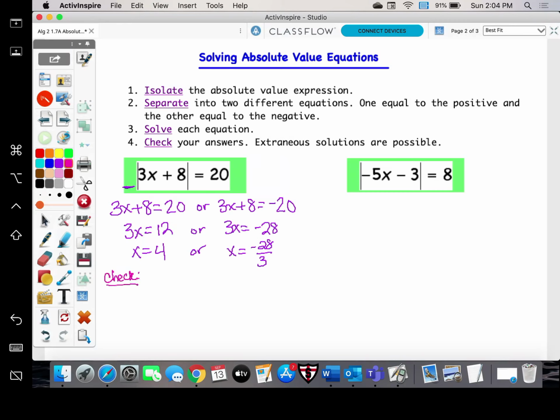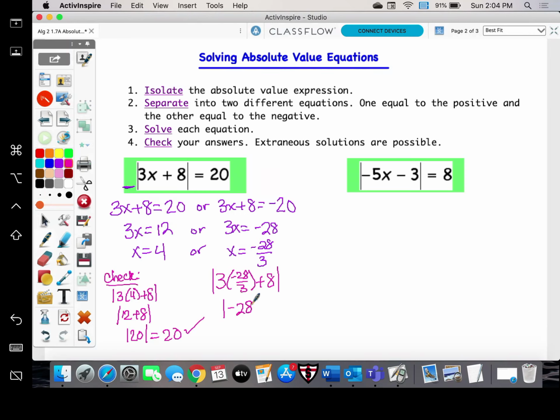So here we're going to check. So we do absolute value of 3 times 4 plus 8, and we simplify absolute value of 12 plus 8. Absolute value of 20 is equal to 20, so x equals 4 checks out. The other one, 3 times negative 28 thirds plus 8, absolute value.